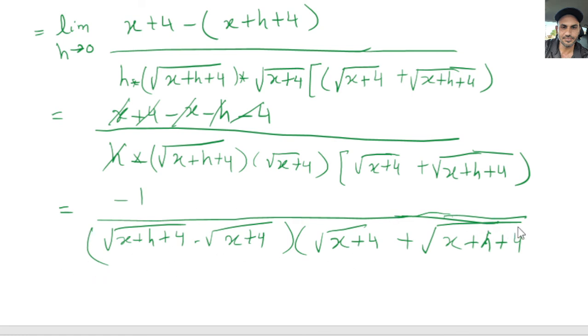So now we're going to take the limit as h goes to 0. So what happens? Your h terms are going to become 0 right here. So now we're going to go ahead and simplify it furthermore. So let's go ahead to the next slide.